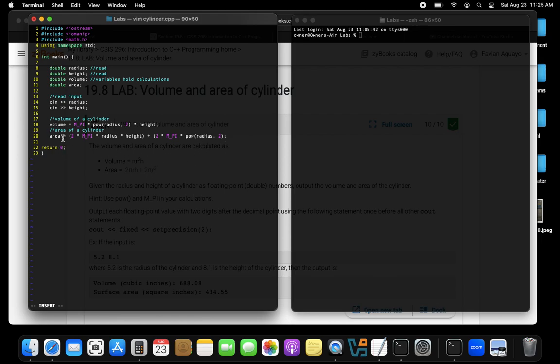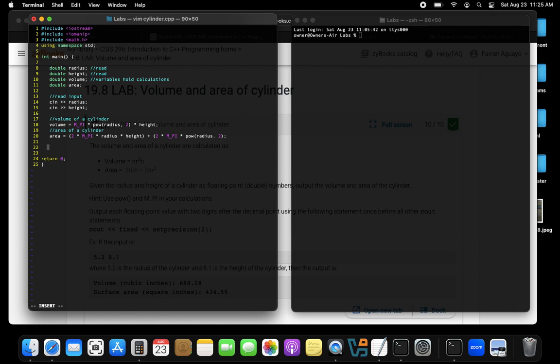So again, this is our area of a cylinder. We've got pi, and we've got the power function coming from math.h. And yeah, so far so good. Okay. So we've got our equations.